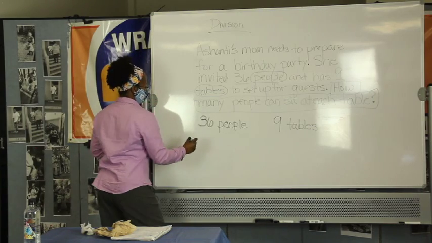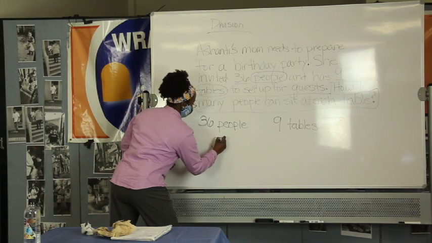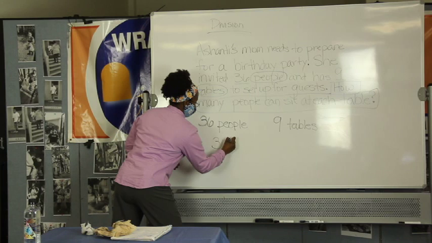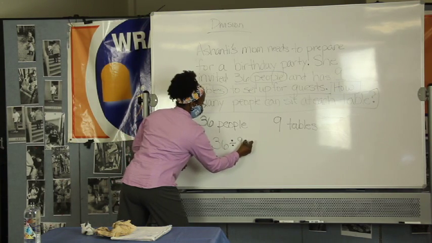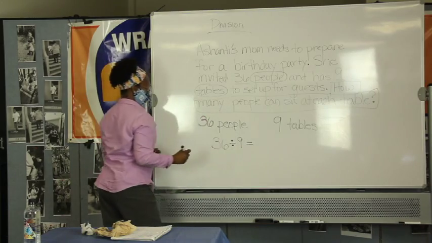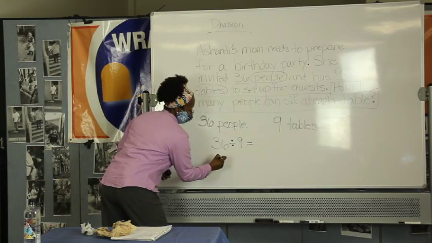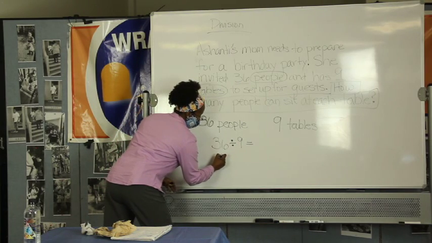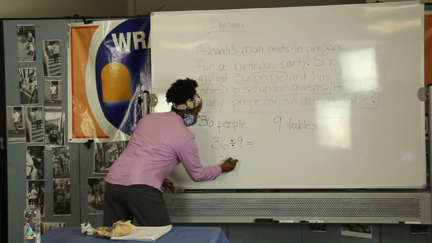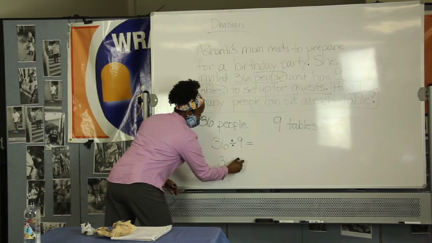So here we go. We're going to take 36, divide it by 9, and see what it equals. So if you're going to do your math fact, some people may not need to write this step out, but I'm just going to do it for those who like the visual, where I kind of flip it to get my math fact.